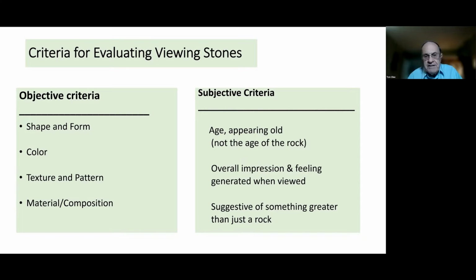The more subjective criteria are age or appearing to be old, and it can be subjective depending upon the viewer and their knowledge of rocks and oxidation and other processes that affect rock. The overall impression and feeling that's generated when viewing a stone, and also the suggestive nature of something greater than just a rock. So it's a combination of objective criteria and subjective criteria that contribute to making a good stone.